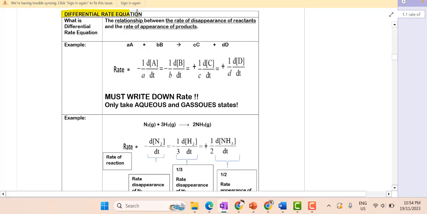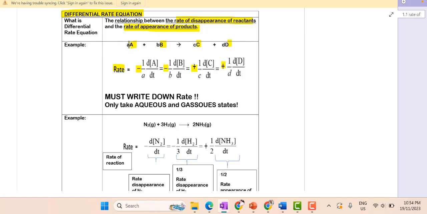Next, we will learn about the differential rate equation. This equation connects the rate of disappearance of reactant with the rate of appearance of product. So A reacts with B to form C and D. The rate for reactant will always be negative, and for product will be positive. Then we consider the stoichiometric coefficient.